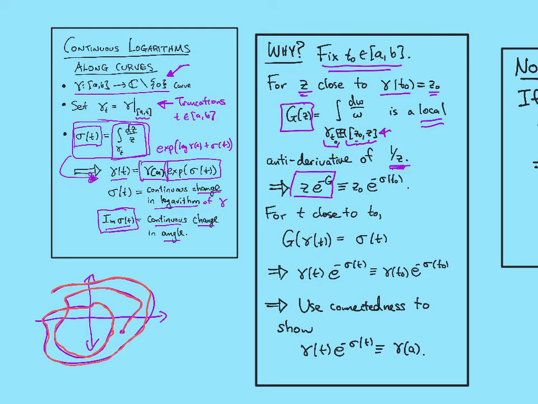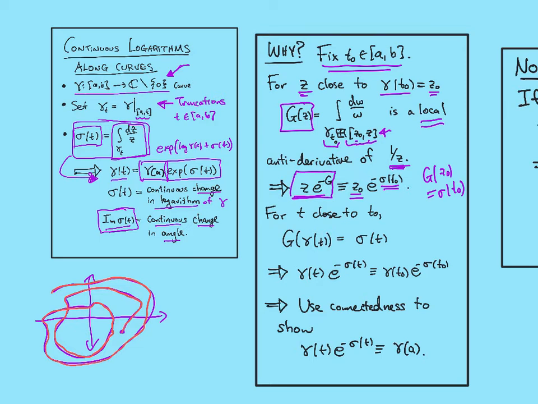I won't go through that argument again, but this will be constant, and so it'll match its value when I put in z-naught. But then at z-naught, I'm just getting sigma of t-naught in for g. So if I put z-naught into g, that's sigma of t-naught over here.